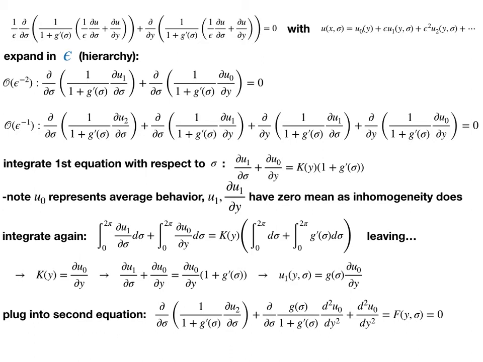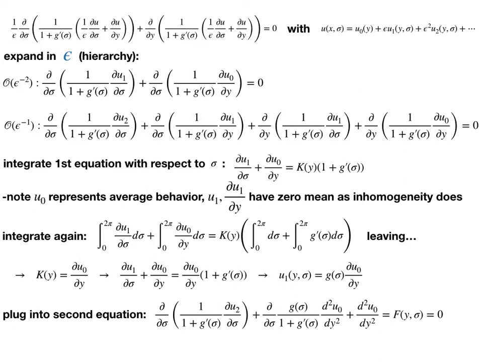Okay, so if we plug this into our second equation, we still don't have a solution in terms of u0, but we can say something about what our solution will look like. So now I'm just plugging in this expression that we derived from the first equation into our big long second equation, and things collapse down nicely.